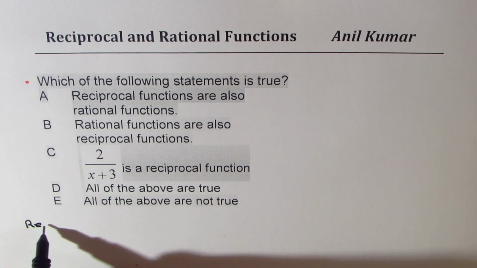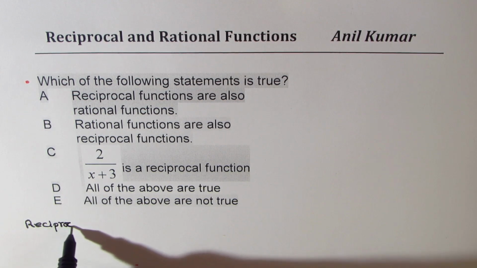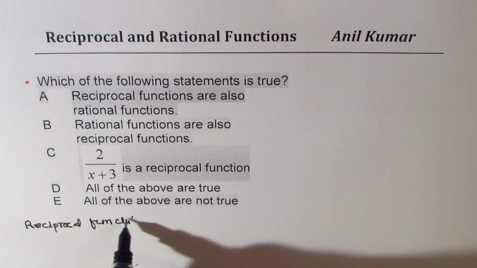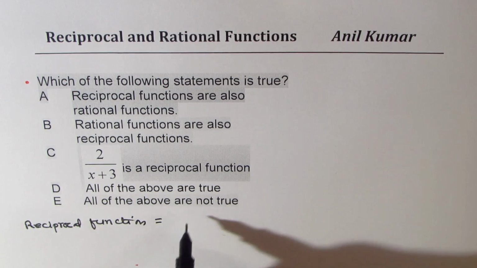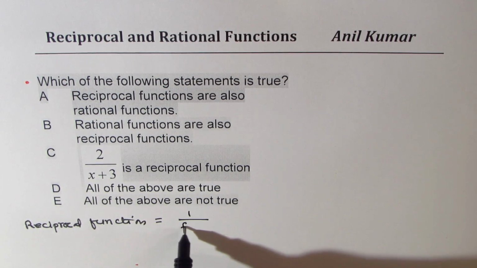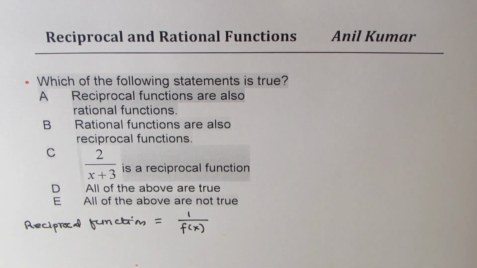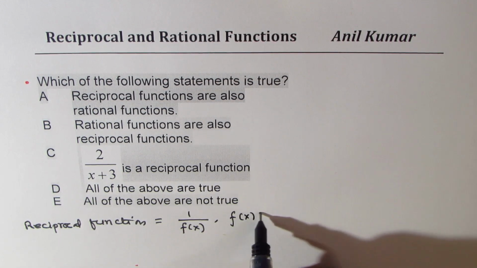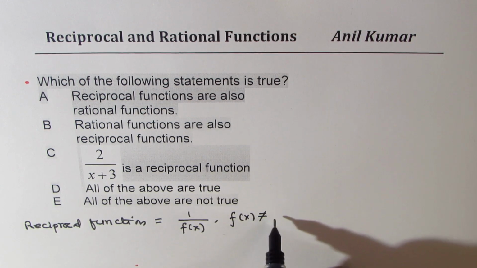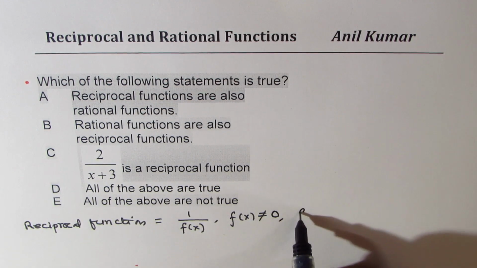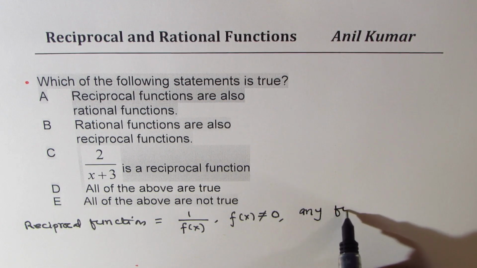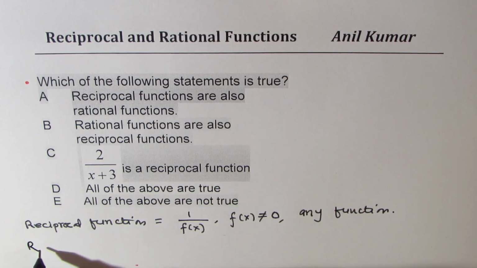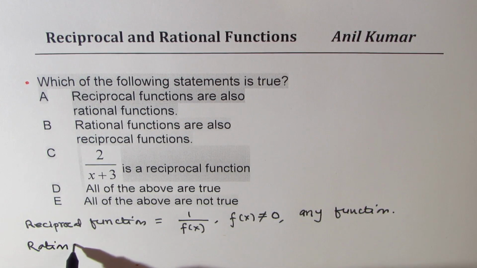So let me write reciprocal function. In general, we say reciprocal function is 1 over f of x, where f of x is any function. We can also limit f of x to something but not 0, but any function. Okay. Now when we say rational function, what do we mean?